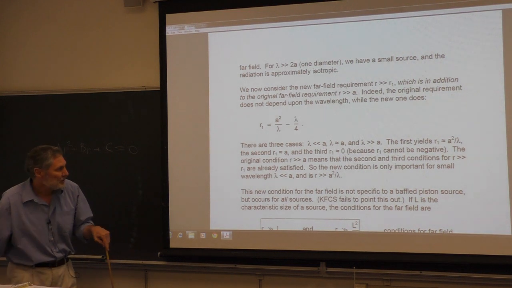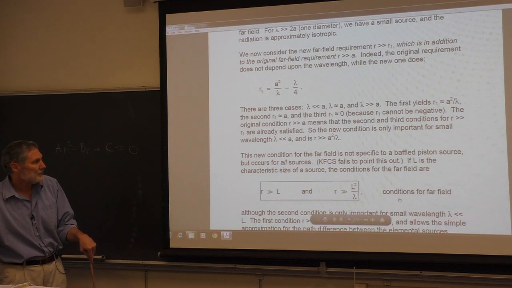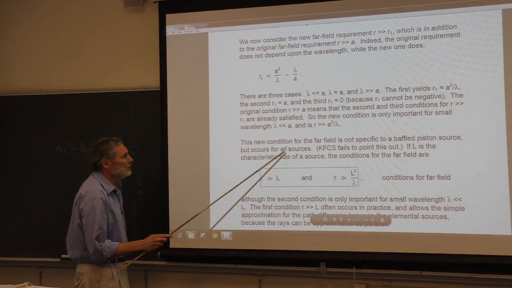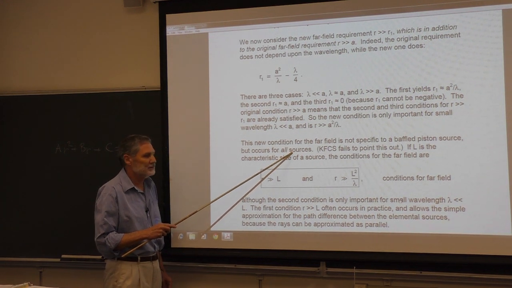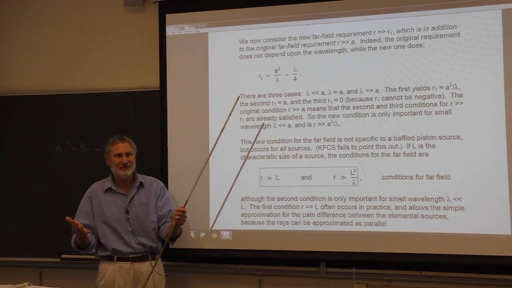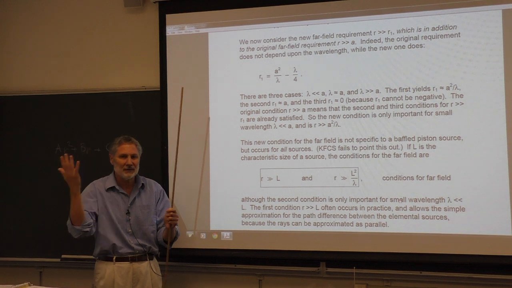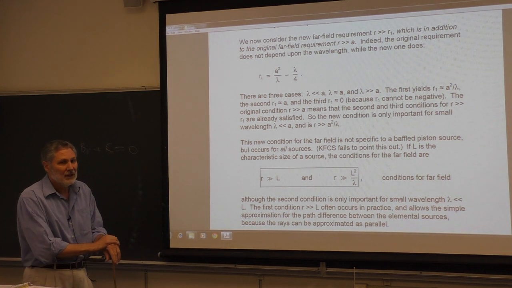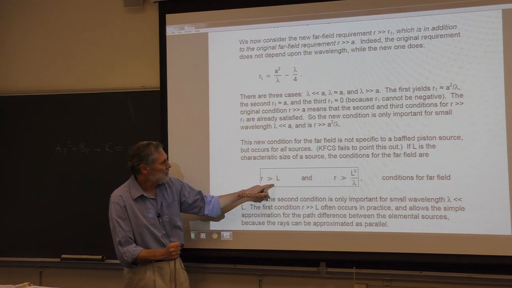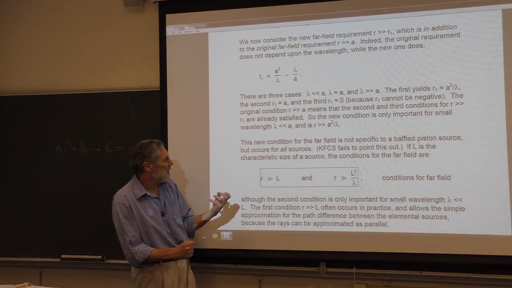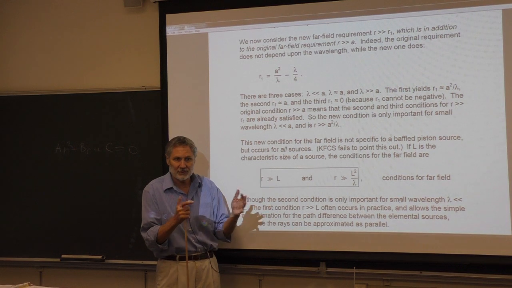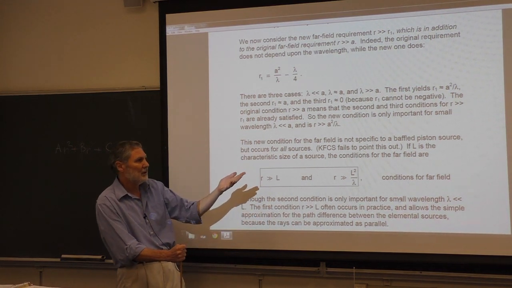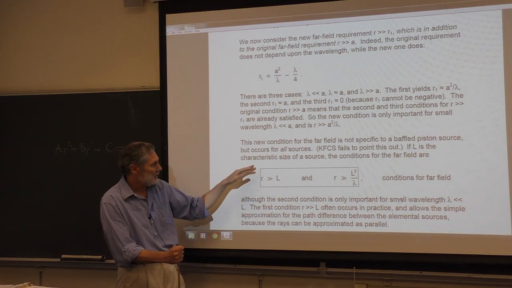So we can summarize here. This is true for all realistic, non-infinite sources. You can have an infinite plane going like this, but it's not a practical source. For all practical sources, there are two conditions. I'm using L to denote the characteristic length of the source, the size of the source. In this case, it's the radius or the diameter, doesn't matter.